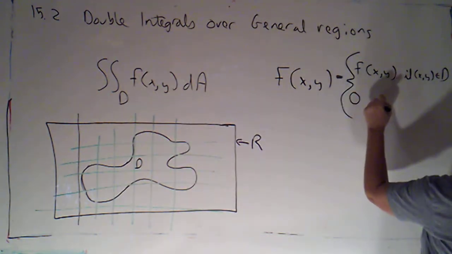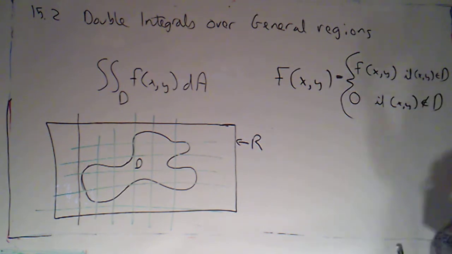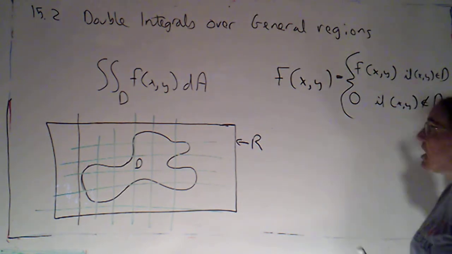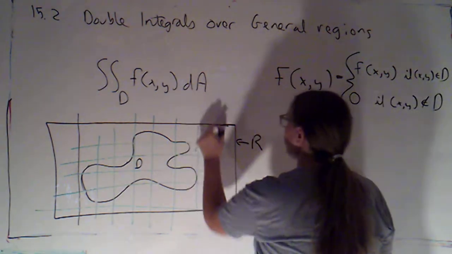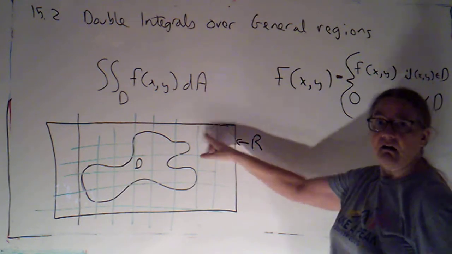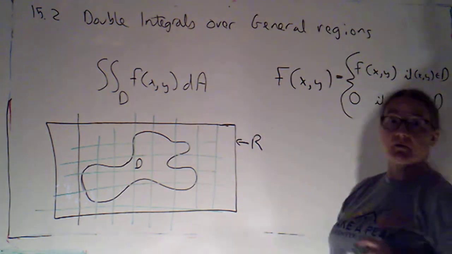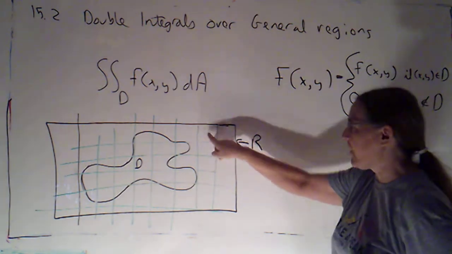And it's going to be 0 if x y is not in D. So that way, when I chop this up into little subrectangles, if there's a rectangle entirely outside of D, I don't care, because it's going to contribute absolutely nothing to my Riemann sum, because that's going to be assigned a height of 0.